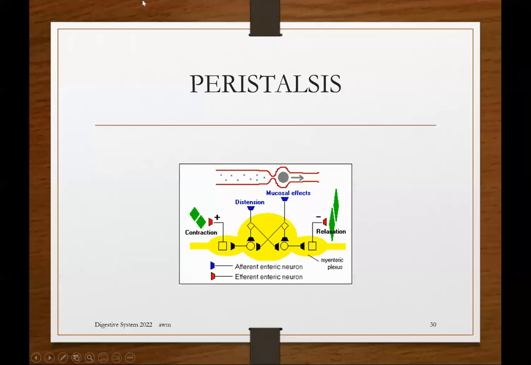This is also taken from one of your textbooks, and it just shows the same thing, that at any point in time, wherever you have a distension, you get this reflex contraction and reflex dilatation or relaxation, which will propel. And then when the contents go to the new place, they cause a new distension, which causes a new peristaltic reflex. That is how the contents move from one point to the next.